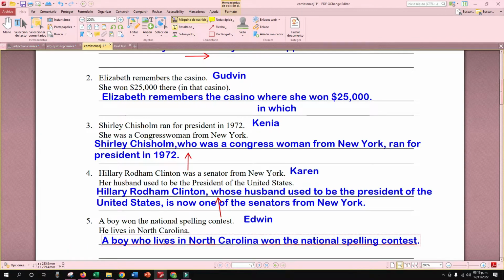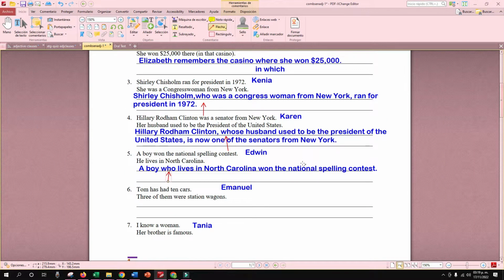Perfect, excellent. So who, you're using this relative pronoun who because you're talking about what? The boy. Perfect, excellent. What about this one, Emmanuel? Number 6. Which could be the answer, Emmanuel?